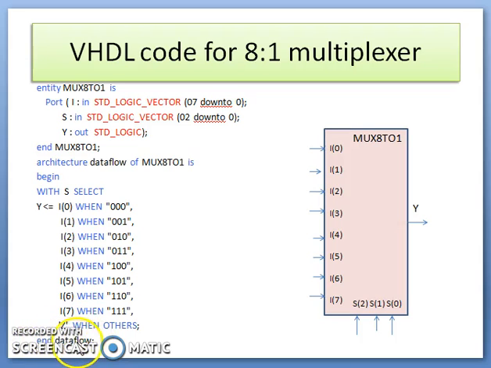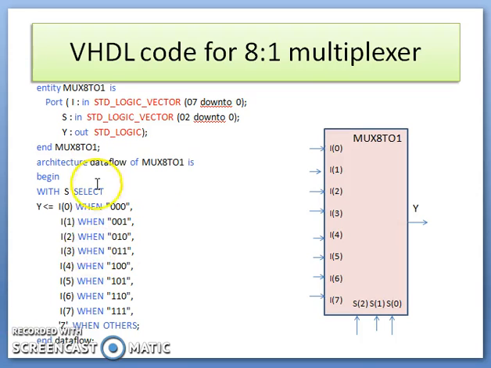Let's write the architecture name here, followed by the semicolon. So you explained the behavior of this multiplexer. This way you wrote the VHDL code for a multiplexer using the with select statement, and this is data flow modeling.